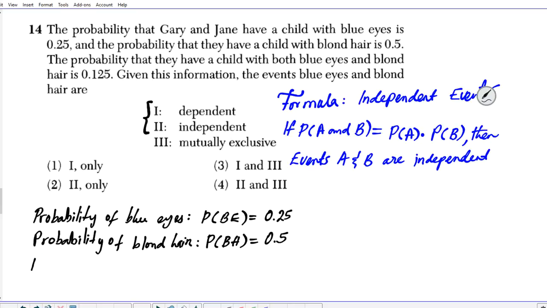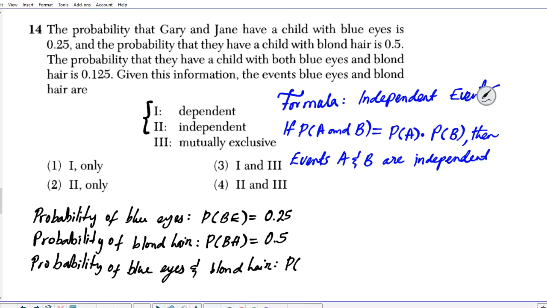Probability of having both blue eyes and blonde hair, we'll use the notation P of BE and BH. In this particular scenario, it's 0.125.